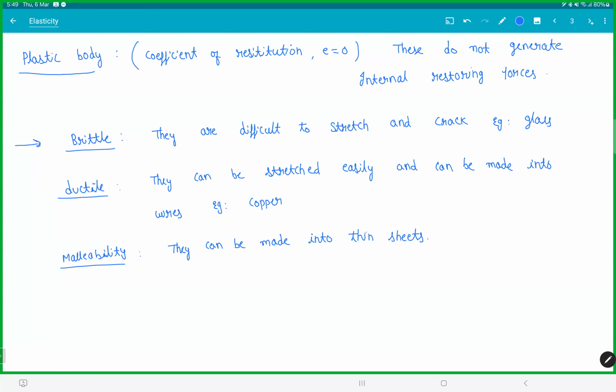Also, have you ever seen this thing? Sweets covered by gold foil. People have eaten gold. So it looks like they're eating gold, but in reality, 1 gram of gold costs around 8,000 or 9,000 rupees. You can make it into a sheet as big as your room. They'll just cut a piece as big as your palm and cover the sweet with it. You can increase the cost of the sweet from 200 rupees to 500 rupees.